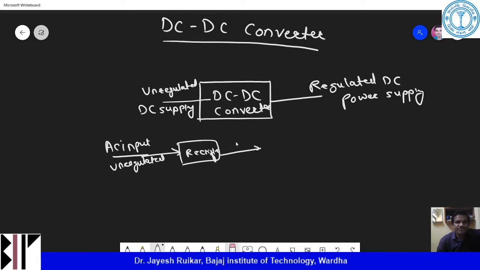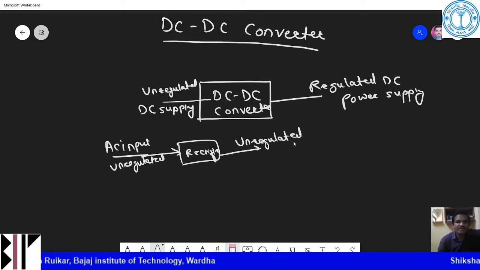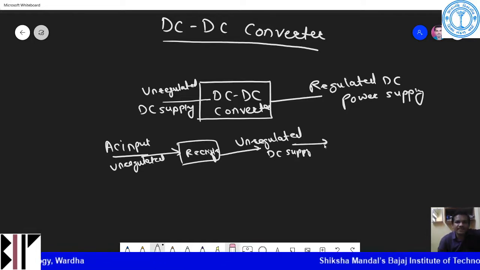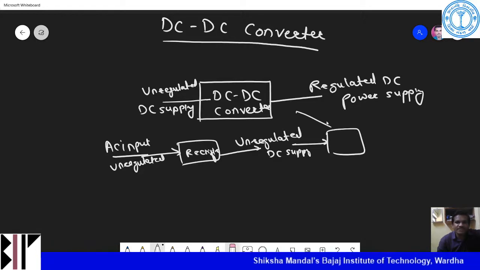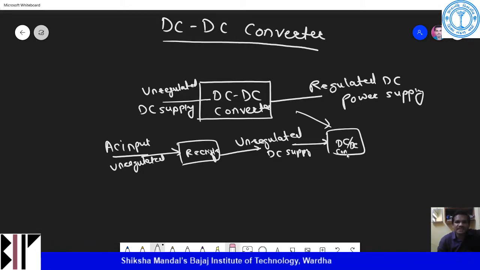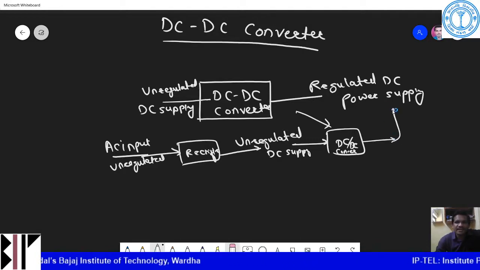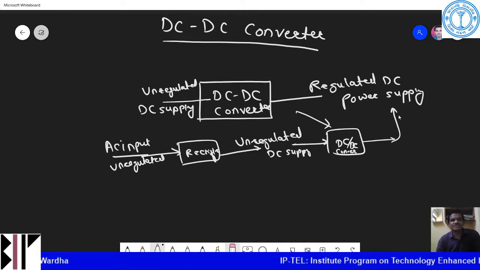Then I will feed this unregulated DC supply to the DC DC converter, and at its output I will get a regulated DC power supply. So the example is the mobile charger.